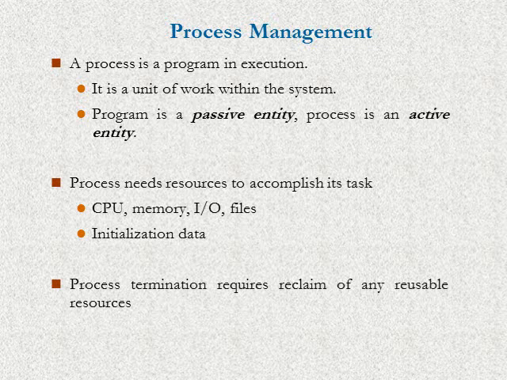However, when a particular process completes its execution, it is terminated, and all the resources that were initially allocated to this process are reclaimed by the operating system. So that is how the operating system reuses the resources and reallocates them to multiple processes.